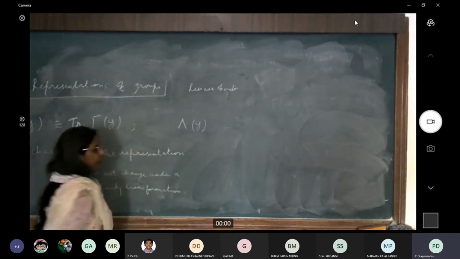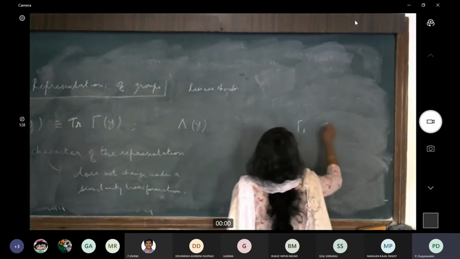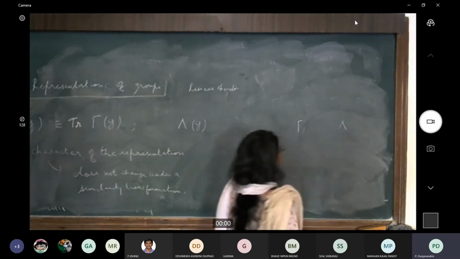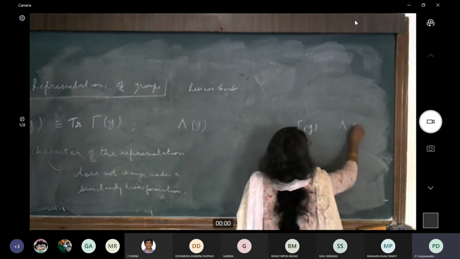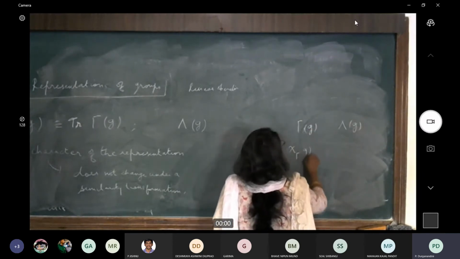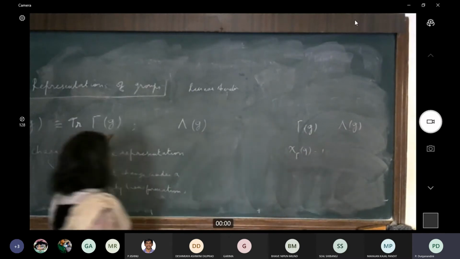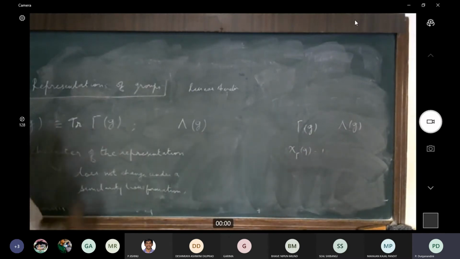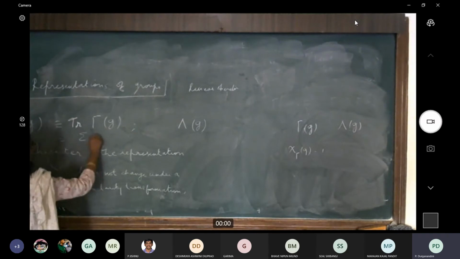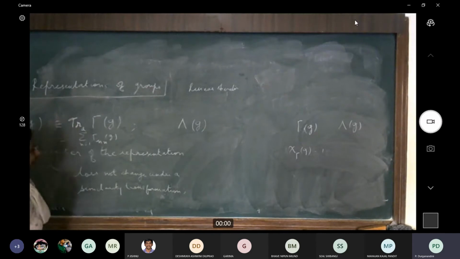So one thing I can definitely say is that if I give you two representations, gamma and lambda, for G, and I tell you that the character of gamma of G equals something, say 1, because it's going to be a number, the trace of gamma G, which is simply the sum over gamma n n of G, n equal to 1 to D. Keep that vector space dimension in mind.